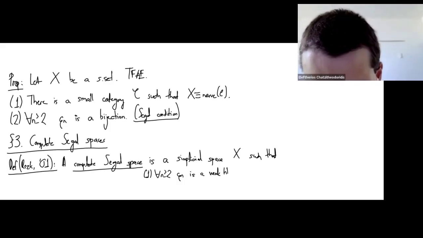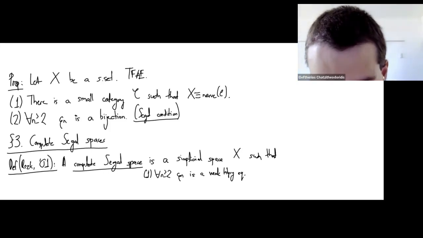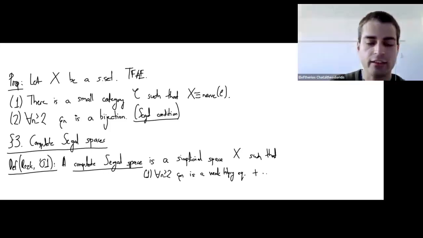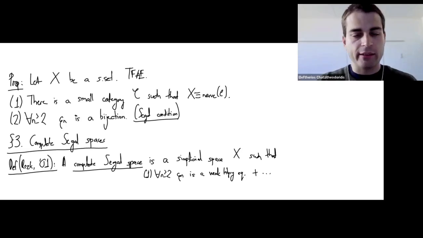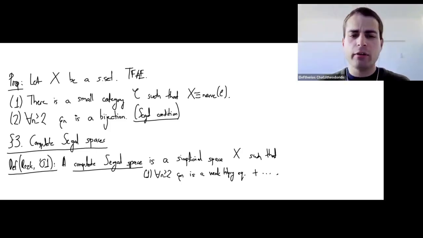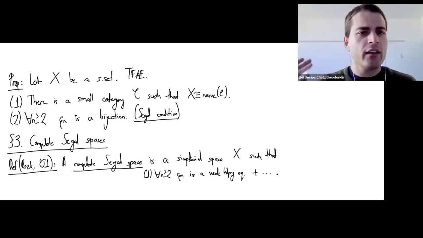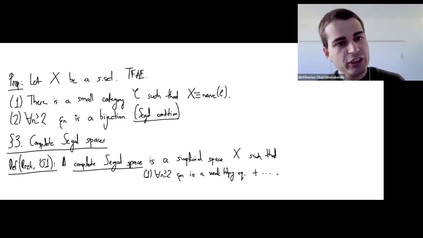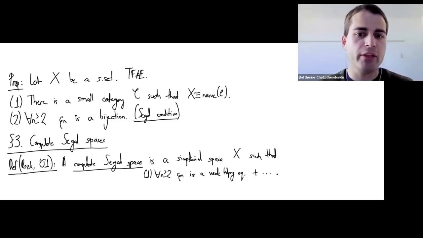And then you have some other technical conditions that I don't need to get into, but for the people who see these things: number 2, you want this simplicial space to be Reedy fibrant, a fibrant object in the Reedy model structure on bisimplicial sets. And number 3, for the complete part, there is a completeness condition that you also need, but I'm not going to be using that explicitly.